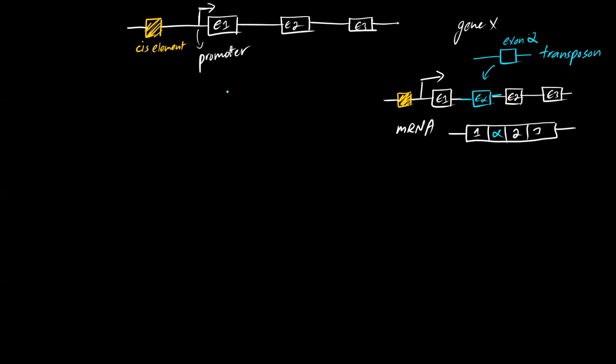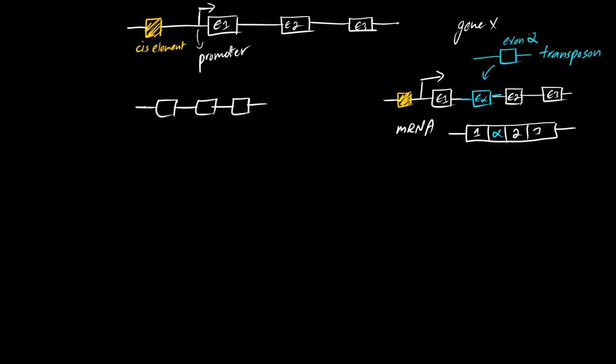Also, a transposon might insert itself into the promoter of a gene, causing a change in the level of transcription from this gene. So here we have the same gene, okay?